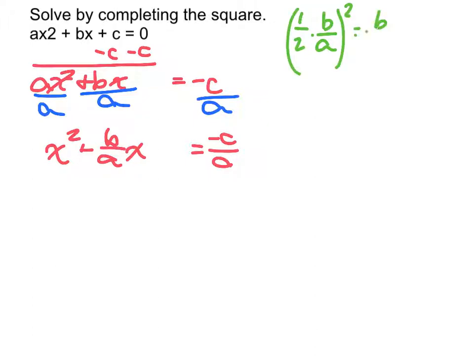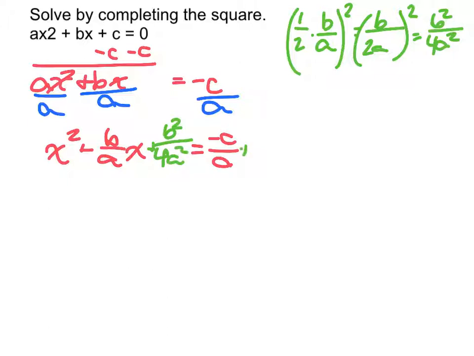So I get b over 2a, that's what's being squared, which is the same as b squared over 4a squared. Remember, when you square the top of a fraction, you square everything on the bottom of the fraction as well. So it's going to be a plus b squared over 4a squared. I'm going to add that on both sides.